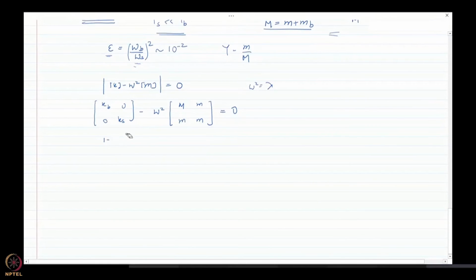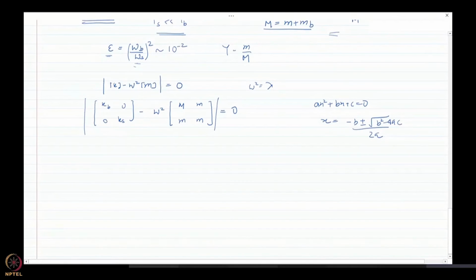In fact, let me do this. Why don't you write the characteristic equation, and then solve? Remember, if you have an equation like this, what is your x? Minus b plus minus square root of b square minus 4ac divided by 2a, right? So take the determinant of this, get the equation.